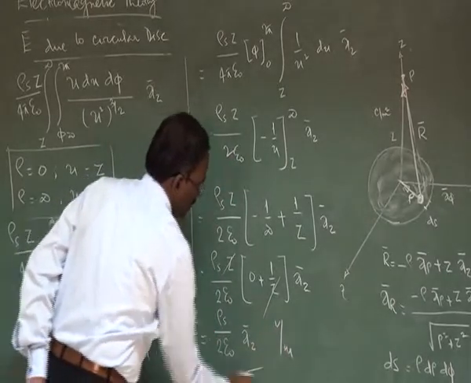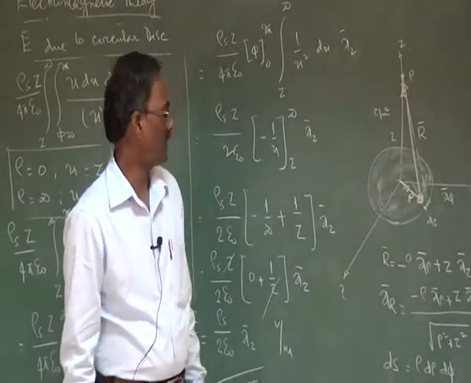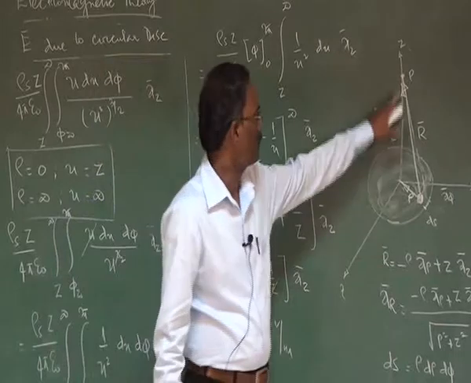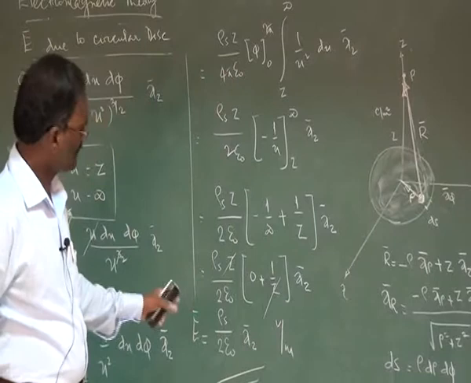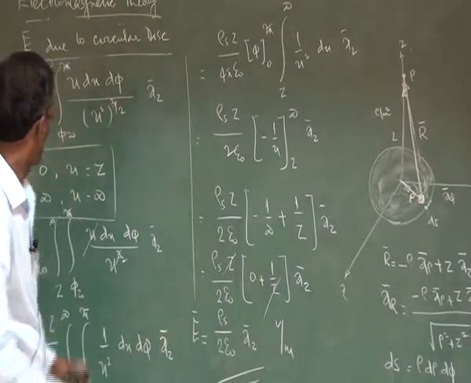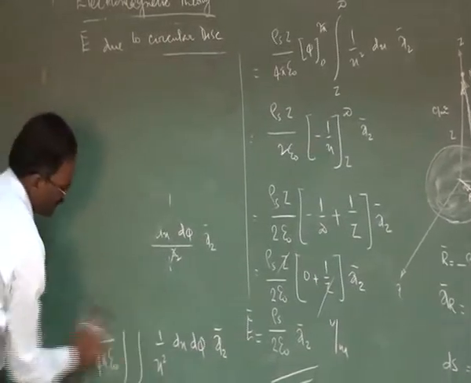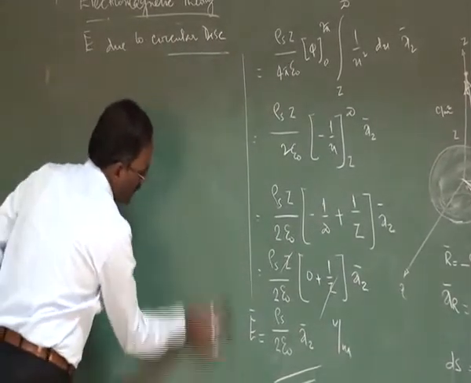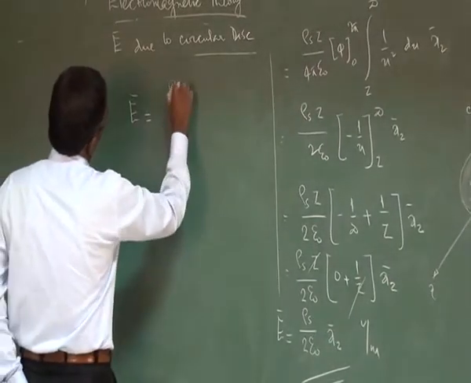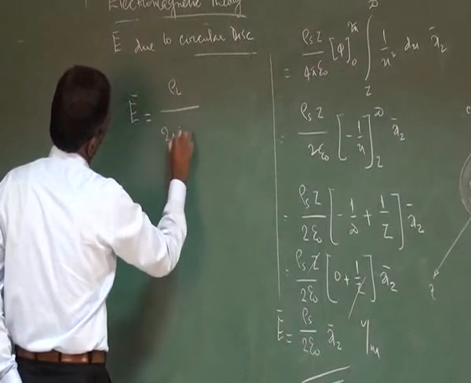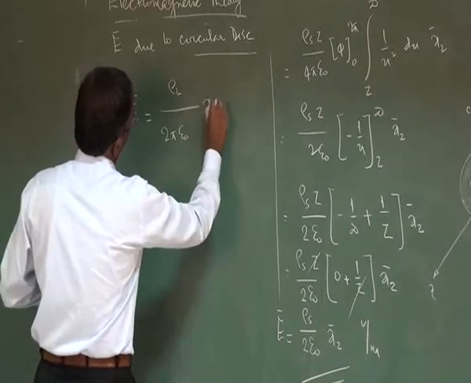This is the final result for the charged disk which is placed on the xy plane, and a point of interest P is taken on z axis, right? Okay, this result is very interesting. In the first result, that is E bar due to an infinitely long straight conductor, we got this result, E bar is equal to rho L divided by 2 pi epsilon O, a rho bar.